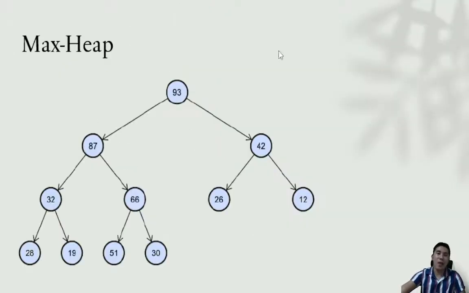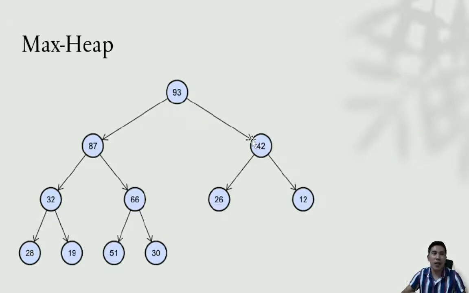So this is an example of a max heap. As you can see here in our binary tree, we have a root node which is 93, and the left child and the right child of this node are less than the parent node, which are 87 and 42 respectively.